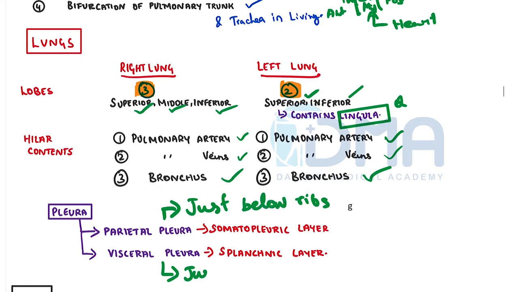Parietal pleura is the one which lies just below the ribs, and visceral pleura is the one which lies just above your lungs.